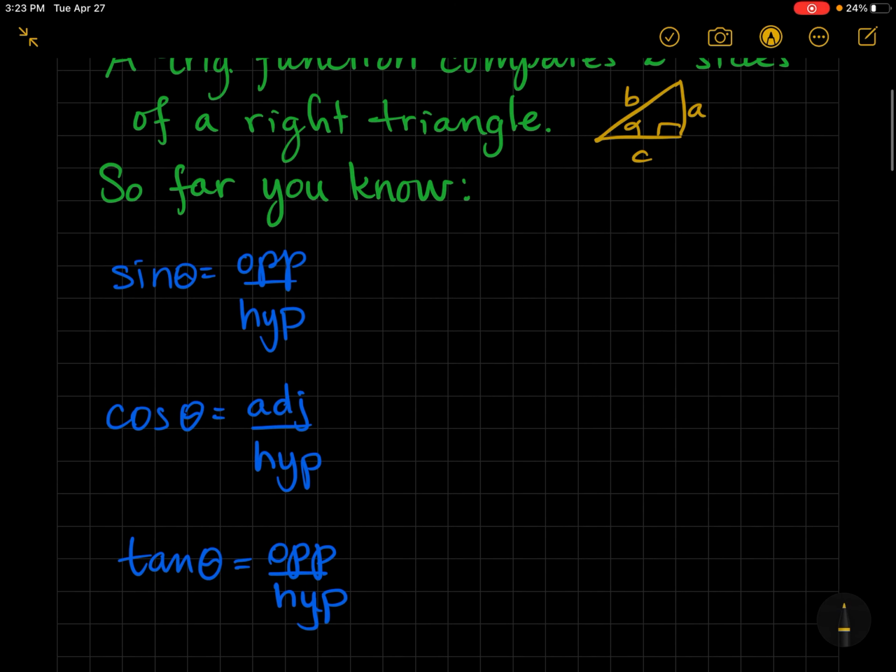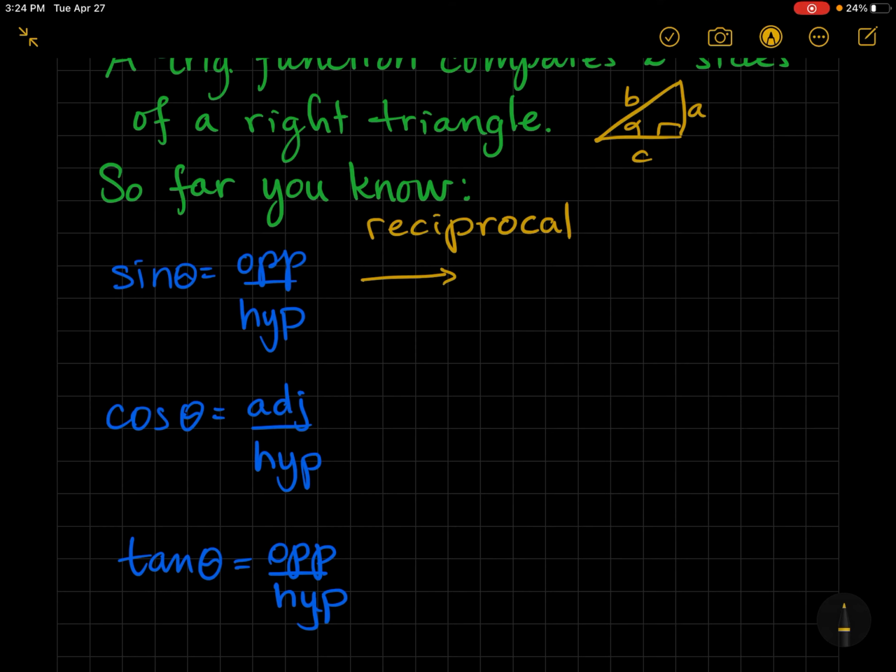So far, you know sine, cosine, and tangent, and which two sides they compare. But today, I'd like to introduce you to their reciprocal functions. Remember, reciprocal means when we flip a fraction upside down. Okay, that's the reciprocal.